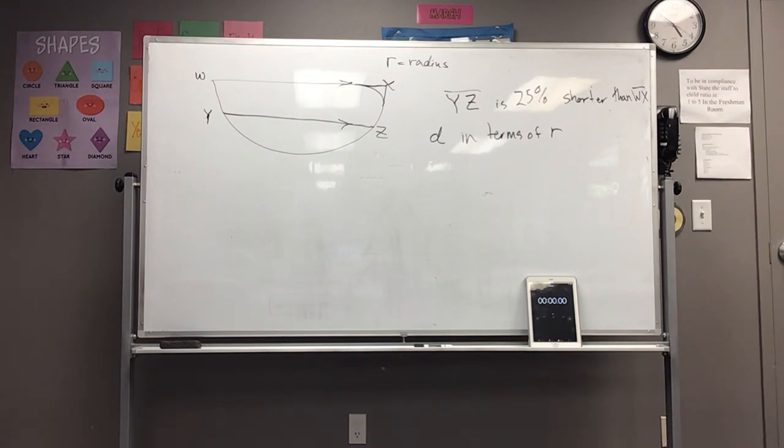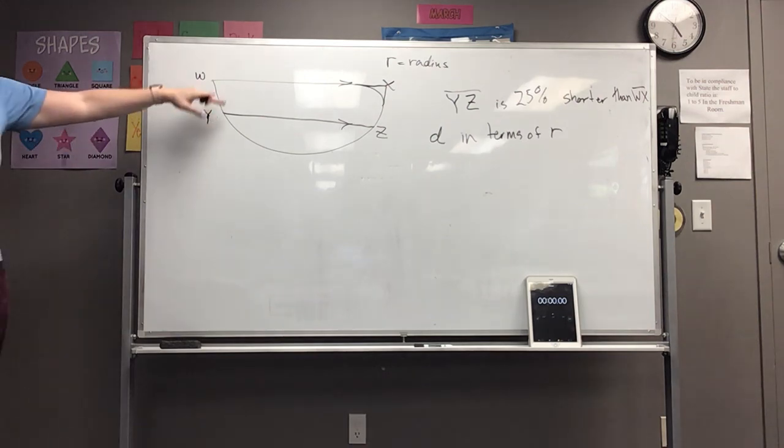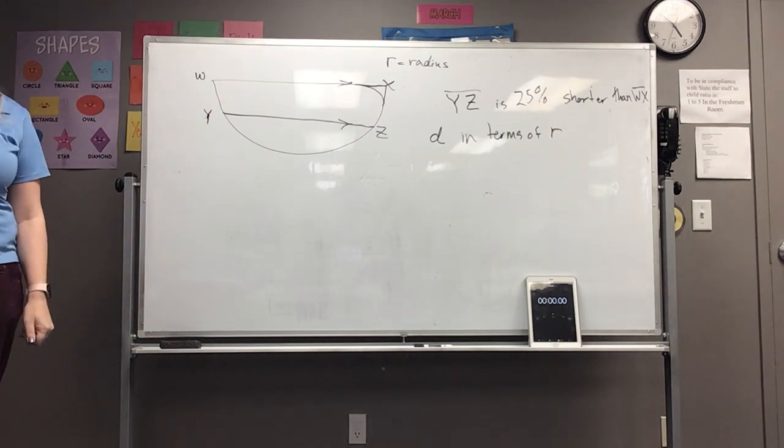So as far as what I mean by the shortest distance, do you remember how to find the shortest distance between two lines? What is going to be special about the shortest distance between those two?